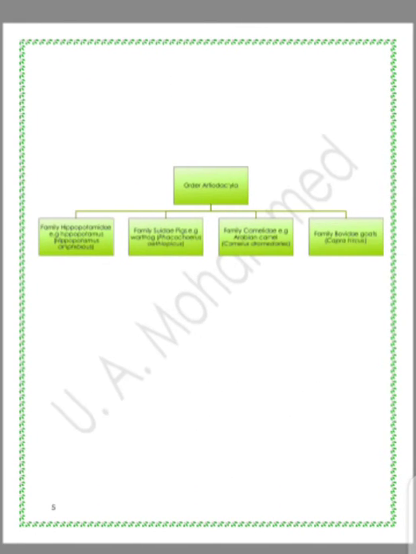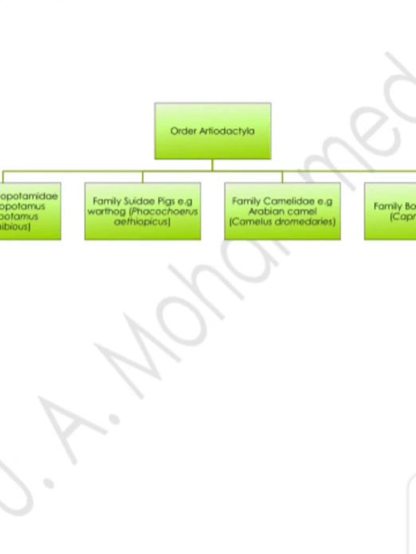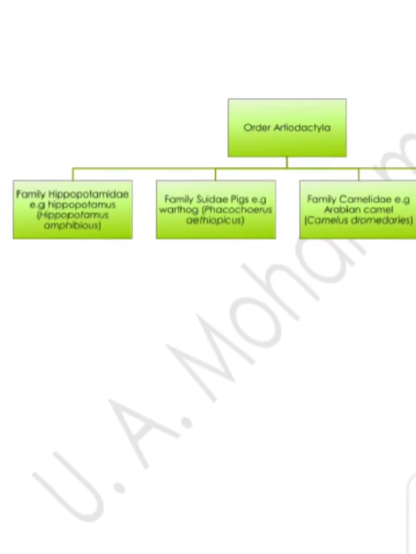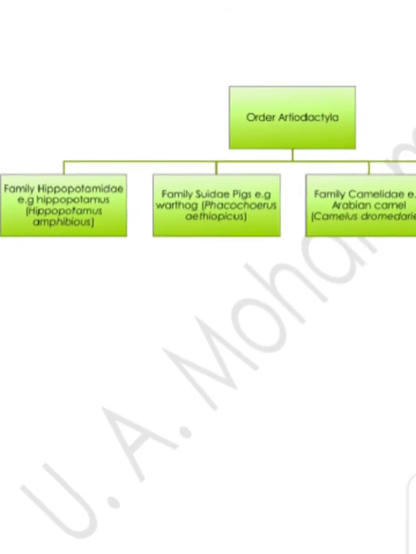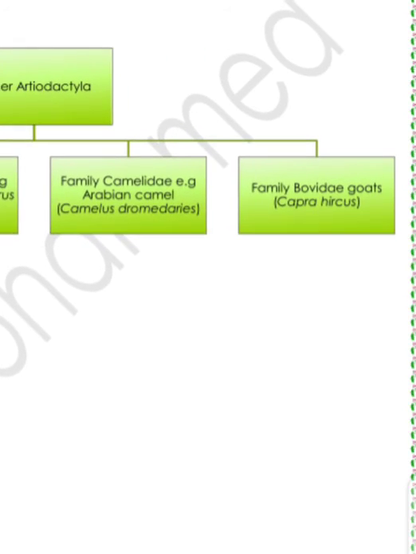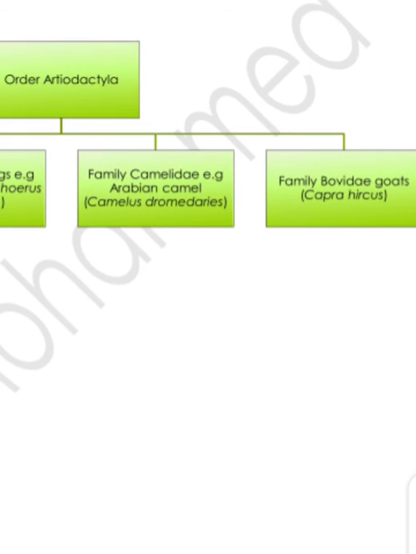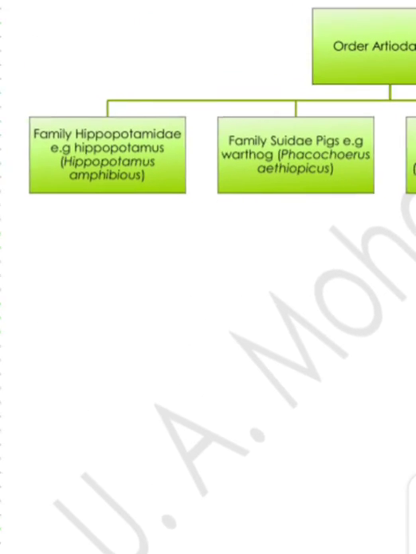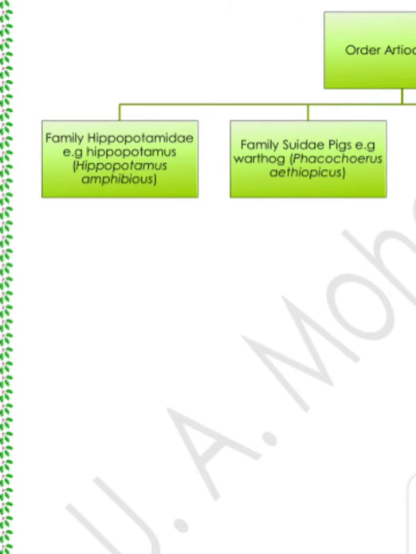Now, this is ungulates divided into two, Artiodactyla and Perissodactyla. Artiodactyla, which is the even-toed ungulate, is made up of several families, and these are basically the four families that are common in Africa. The first one is the Hippopotamidae, which includes the hippopotamus with the scientific name Hippopotamus amphibius.